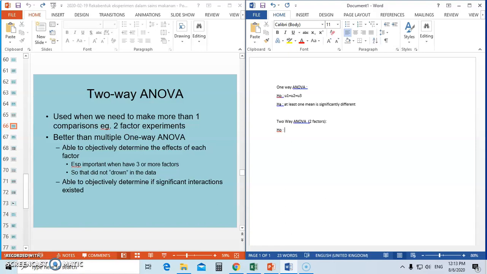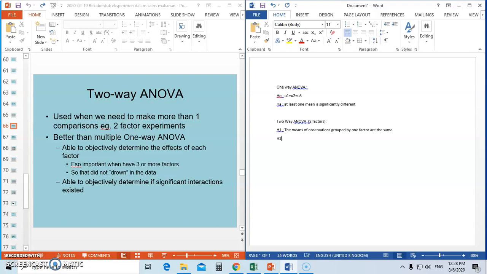So for two-way ANOVA, we will have the first hypothesis, that the means of observations grouped by one factor are the same.